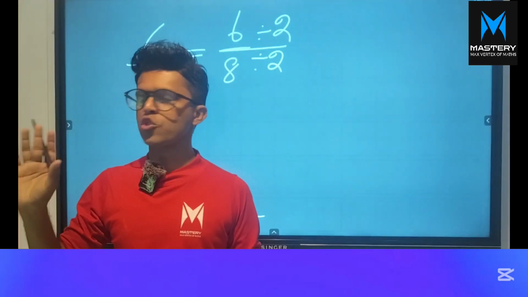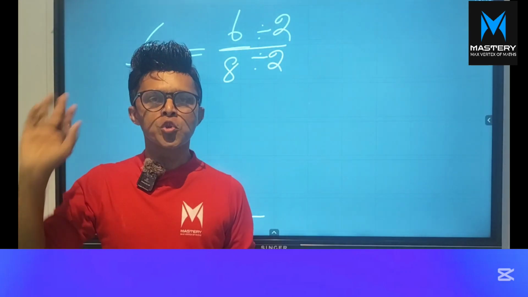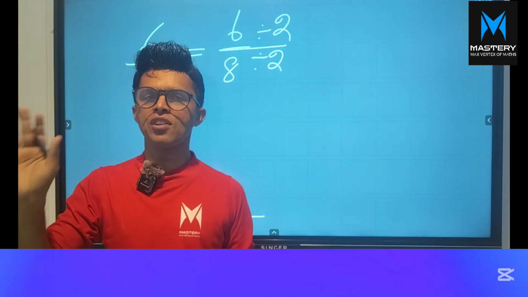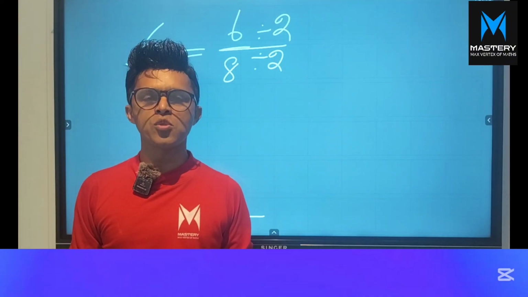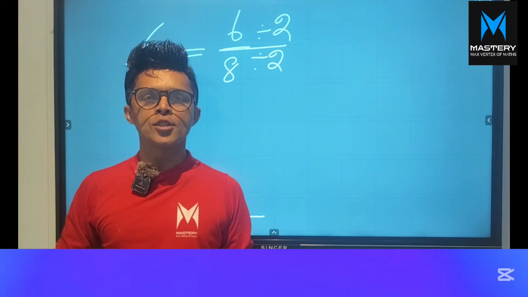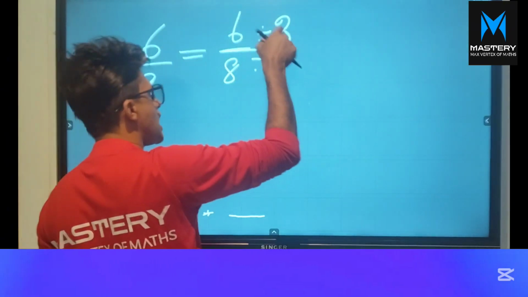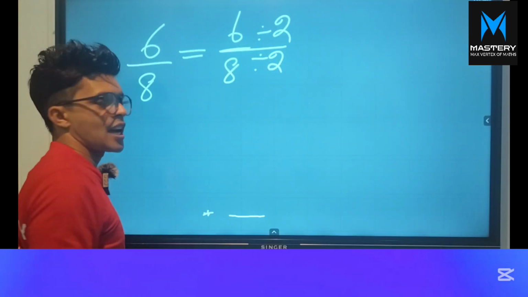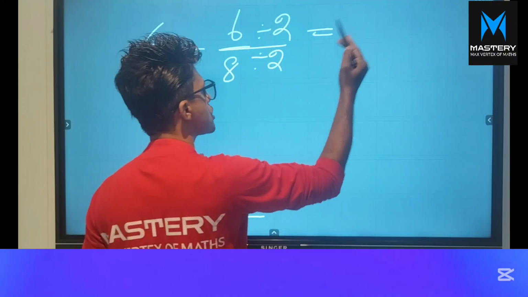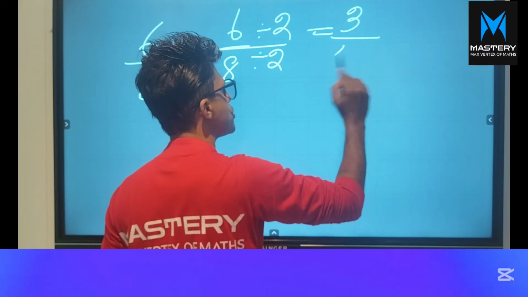When I observe this fraction 6 over 8, I could see that 6 is a multiple of 2, 8 also a multiple of 2, which means 2 times 3 is 6, 2 times 4 is 8. So what did I do here? I divided both sides by 2. So 6 divided by 2 is 3, then 8 divided by 2 is 4.